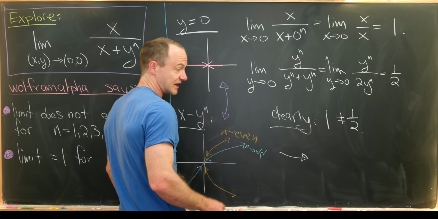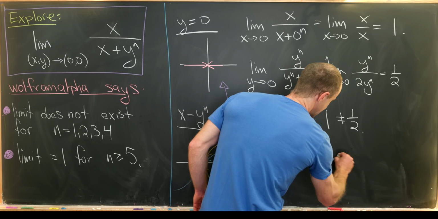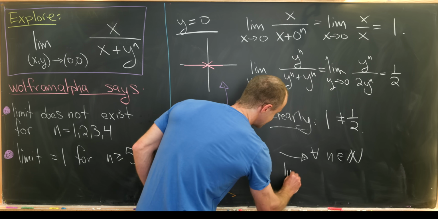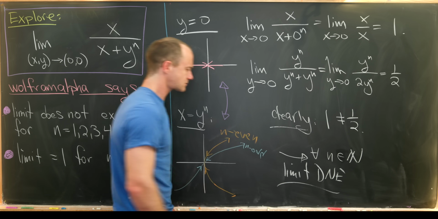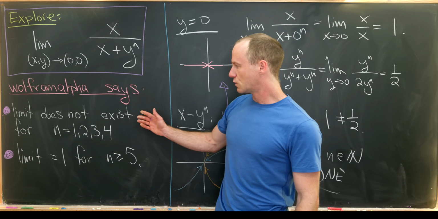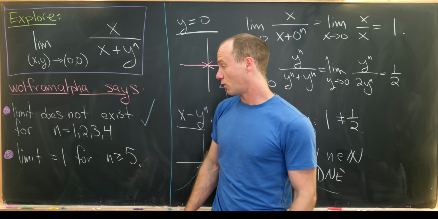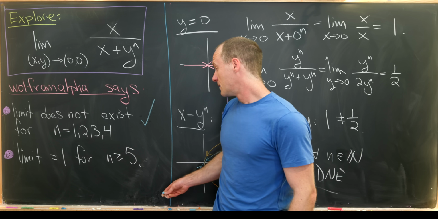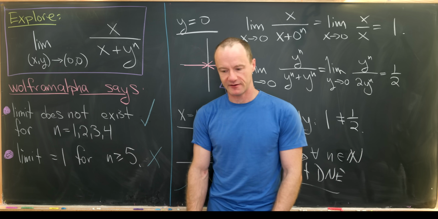So this finishes off this whole calculation and says that for all n which is a natural number, this limit does not exist. Now let's look back at what Wolfram Alpha said. Wolfram Alpha got it correct for the case when n is 1, 2, 3, or 4, but it got it incorrect when n was bigger than or equal to 5.